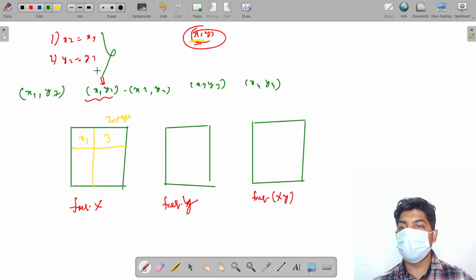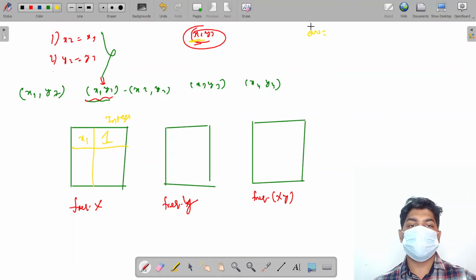So what will be stored over here? How many points are there earlier than x1 which have the same x coordinate? There is one point, x1 comma y7, which has the same x coordinate as this one. So here one will be stored, and we will have an answer variable with us.